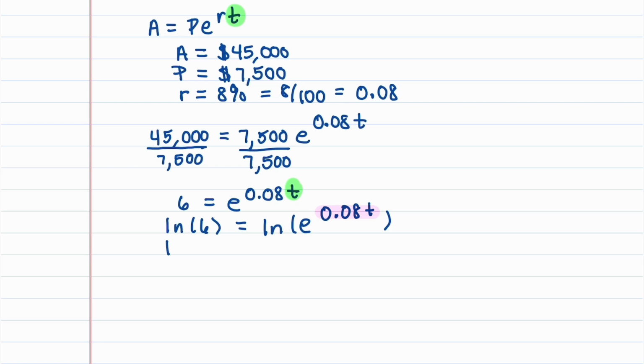And that's exactly why we use logarithms to solve this type of problem. So we have 0.08t out in front, and then we have natural log of e. Natural log of e, by definition, is equal to 1. And now we can easily solve for t by dividing both sides of the equation by 0.08.